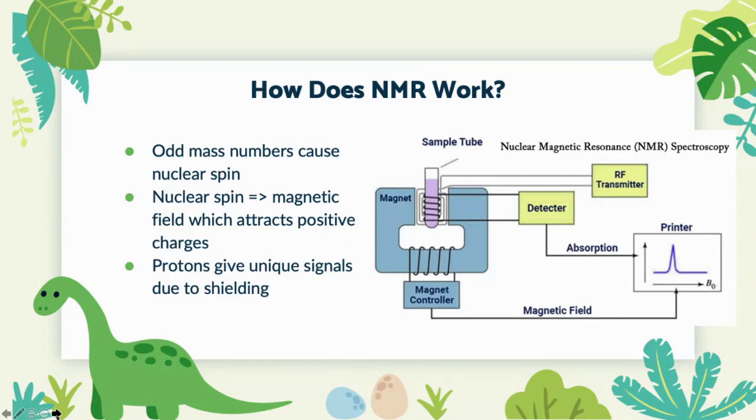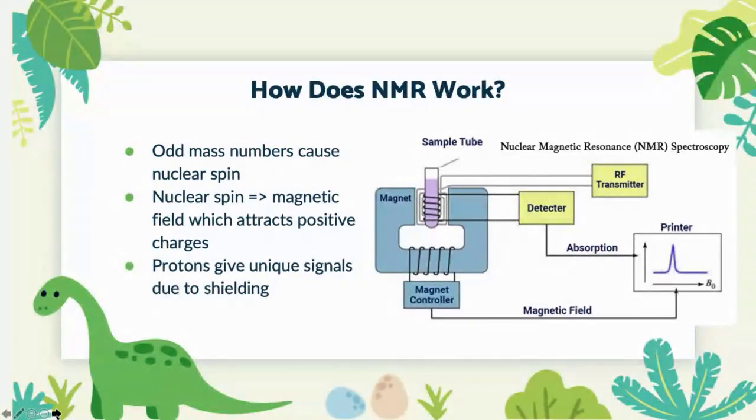So NMR uses a magnet, and odd mass numbers cause nuclear spin. That's why we do H1 NMR and C13 NMR.